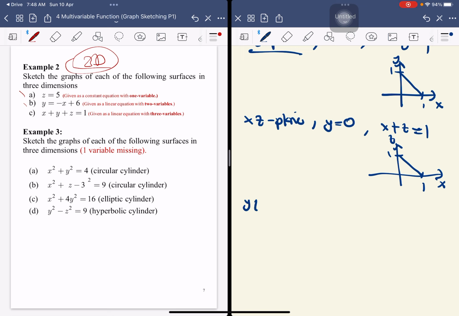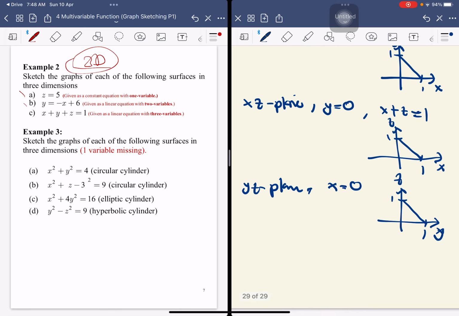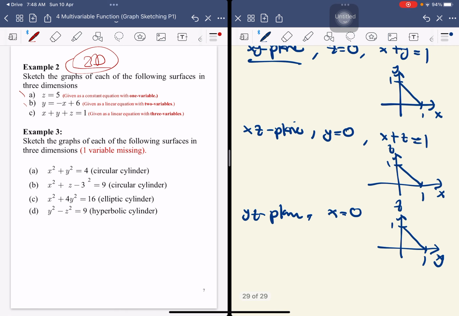And the last one is the yz plane. In this case, you set x equal to 0. y, z over here. Now we have all the traces over here, so now we'll combine them.